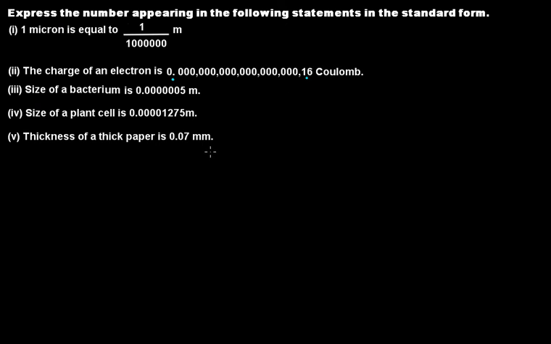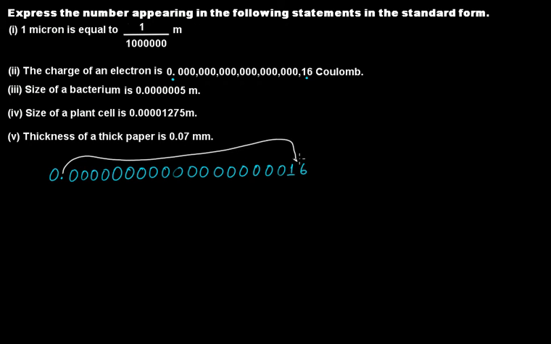So what to do? The answer will be, you have 0.1 2 3 4 5 6 7 8 9 10 11 12 13 14 15 16 17 18 1 and 6. So we need this decimal point from here to here, right? That is, you have to bring it here.